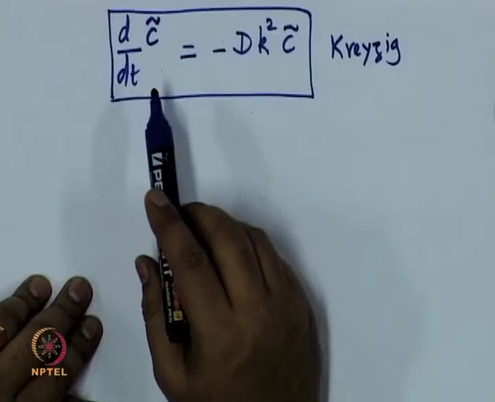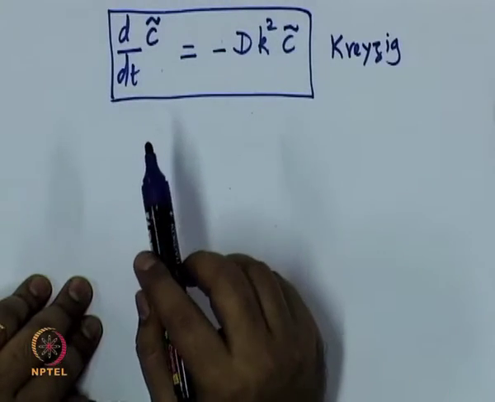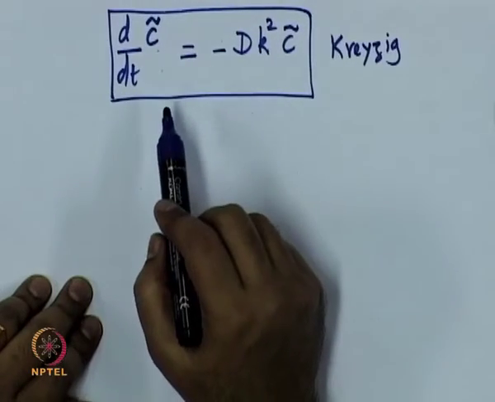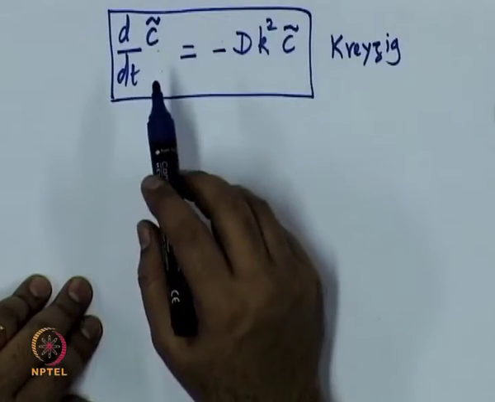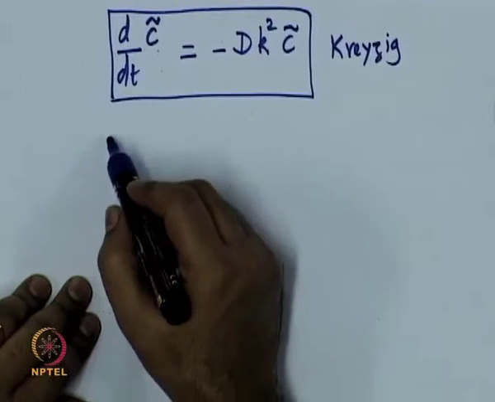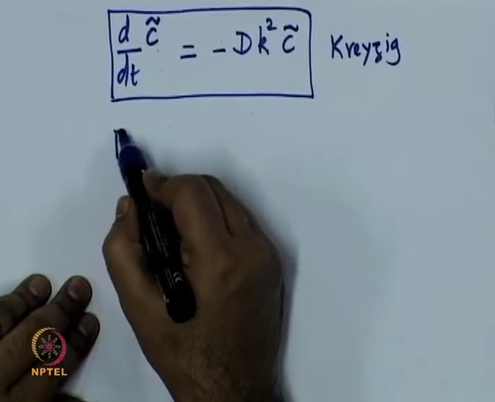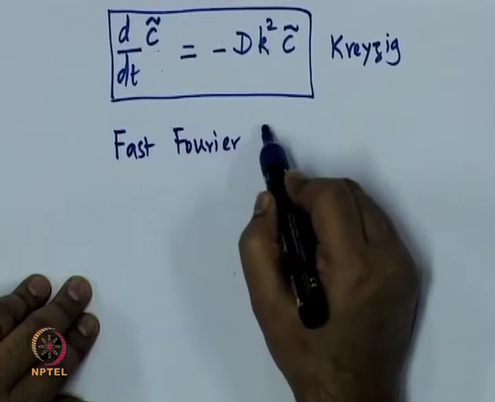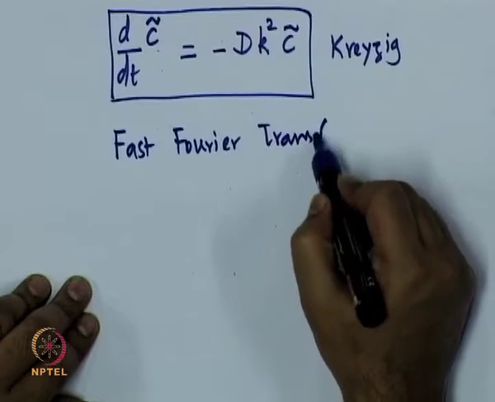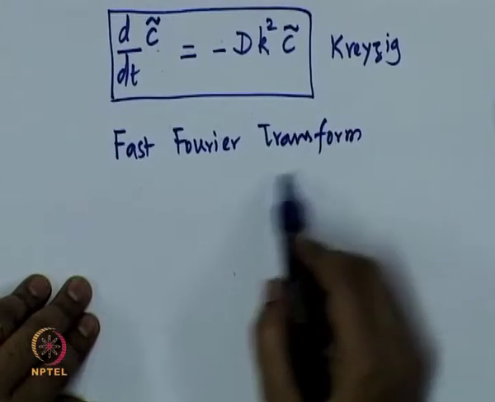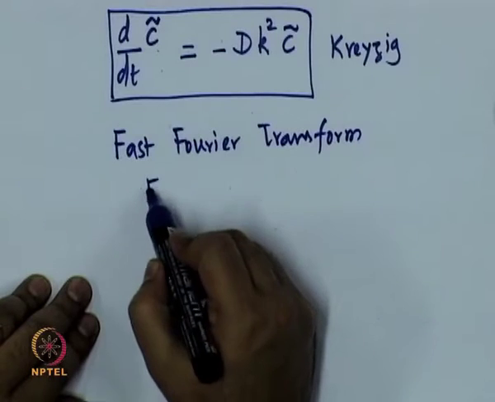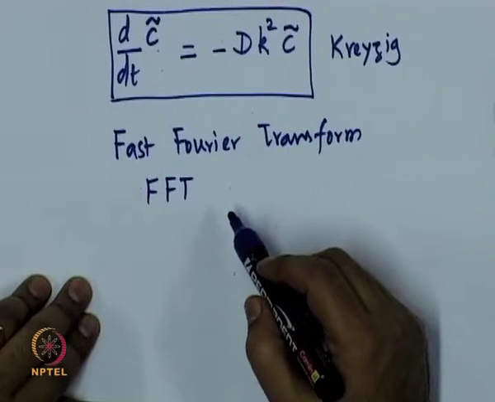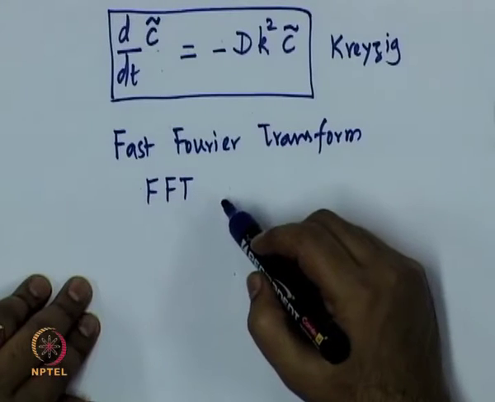Now let me say that if I have a numerical way of getting C tilde from C, right, then I will be able to solve this equation. For doing that, we need to know about what is known as the fast Fourier transform. The fast Fourier transform algorithm, FFT as it is commonly known, is one of the best known algorithms.